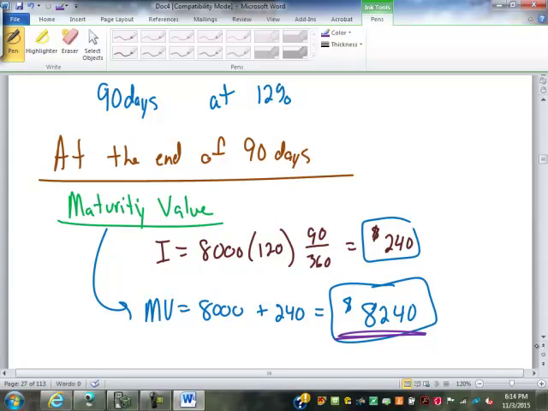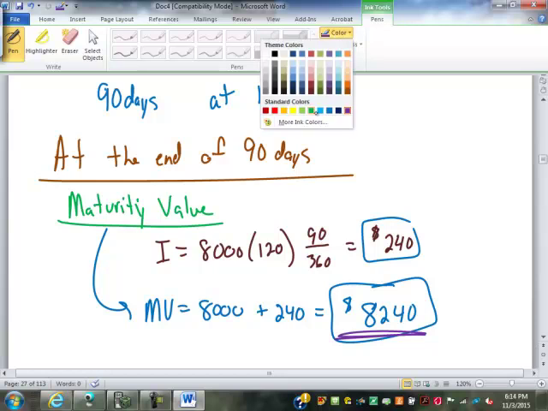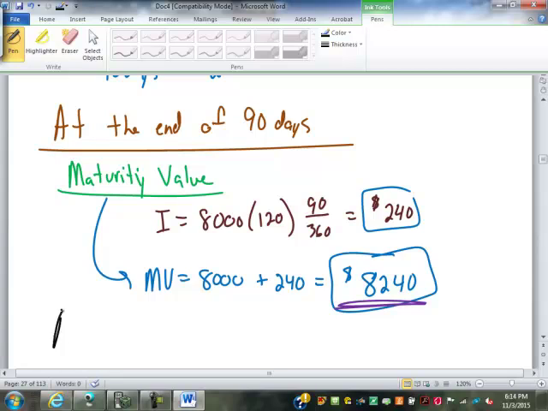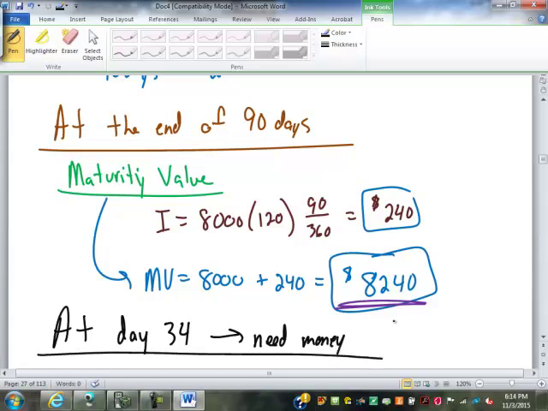Now here's where the discounting the note, or the discount notes, come in. Let's say that at day 34, you need money for something.